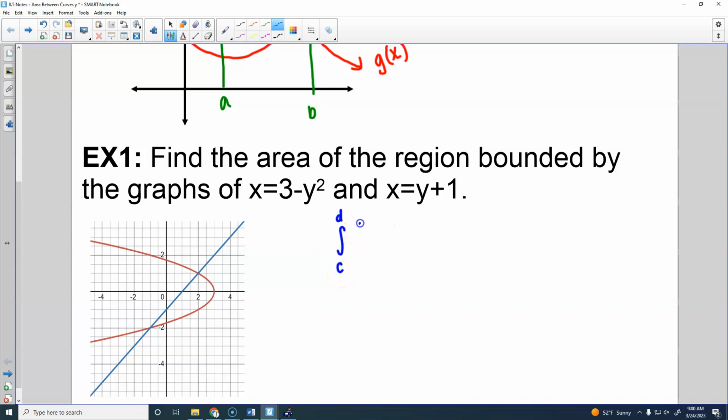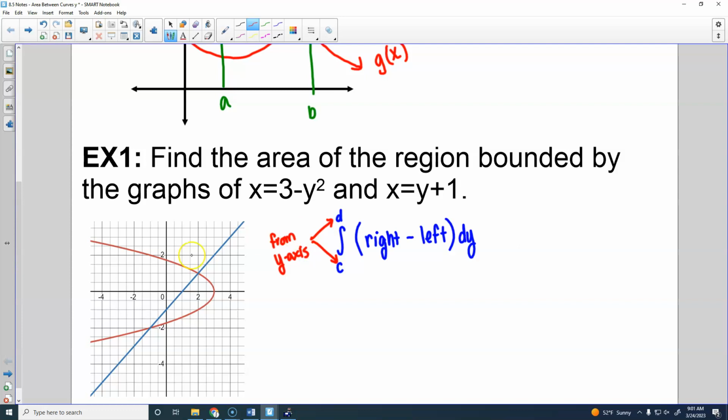And we are going to integrate right minus left with respect to y. Okay, and so these limits right here do not come from our x-axis, they come from the y-axis.